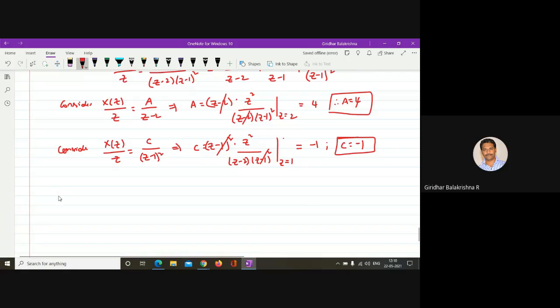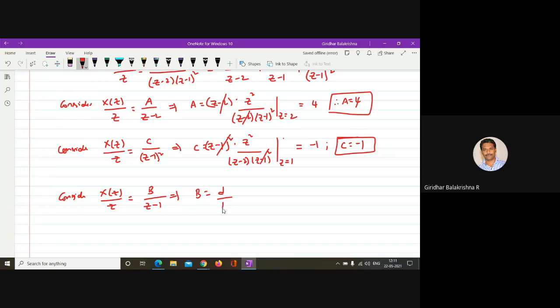Now consider X of z by z equal to B by z minus 1. So can we represent B directly like this? No, sir. No. So for that, what is the formula for B?